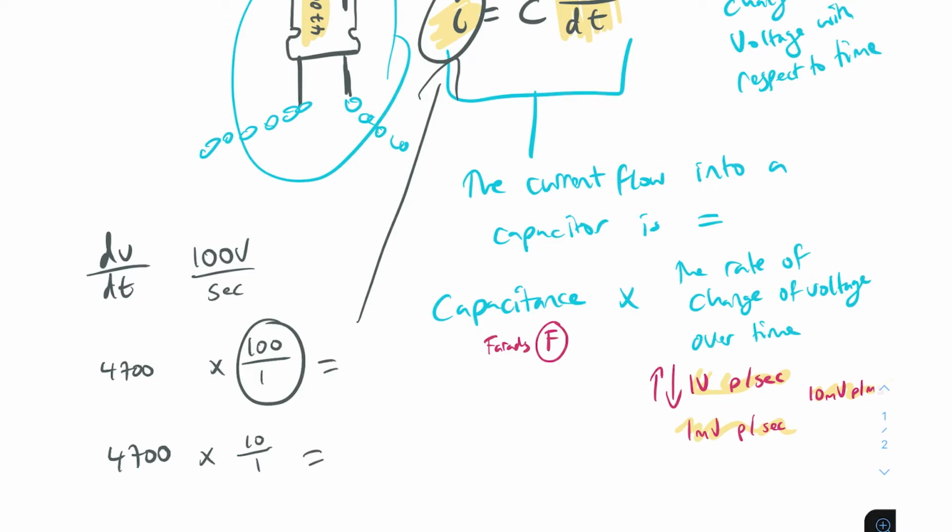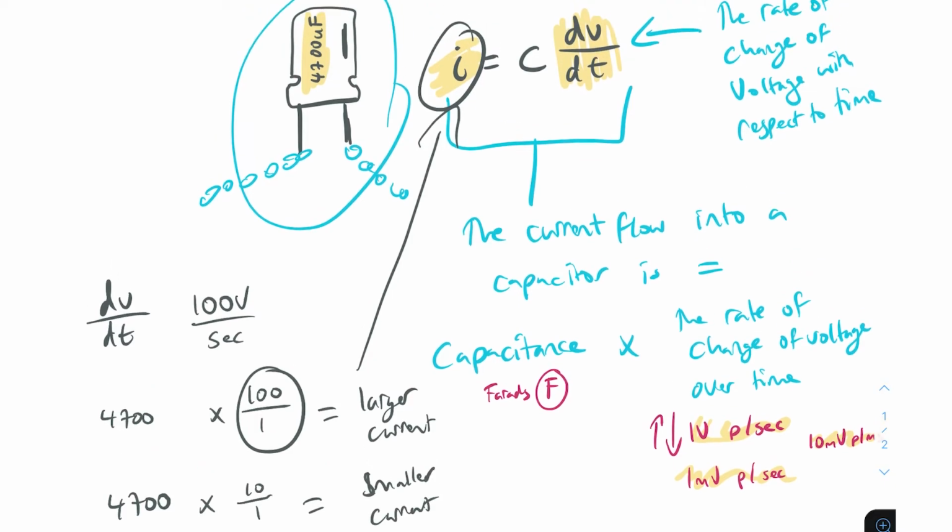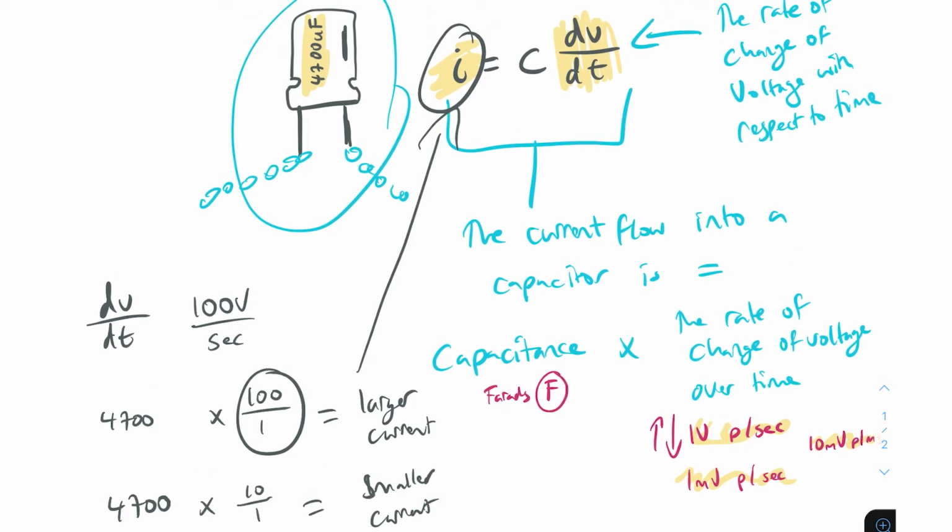So 4,700 times 100 is going to lead to a larger current, and this is going to lead to a smaller current. So if the rate of change of voltage is large, then the current entering the capacitor is large. Conversely, if the voltage is changing slowly, then the current flowing into or out of the capacitor is also going to be small.